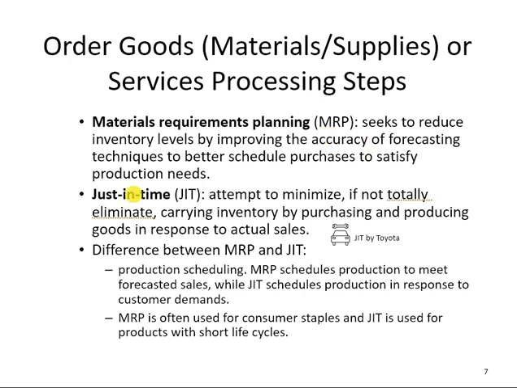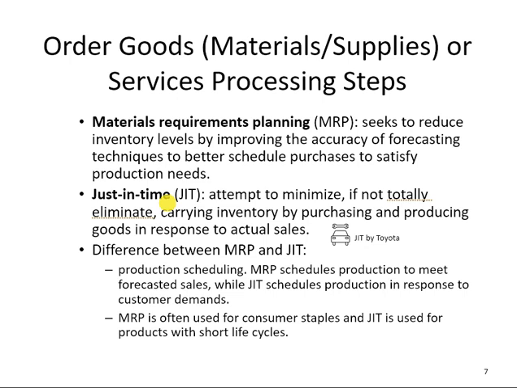It's MRP. And also we have the just-in-time approach. This approach attempts to minimize, if not totally eliminate, carrying inventory by purchasing and producing goods in response to actual sales. In this approach, the purchase or the manufacturing depends on the customers' orders, demand.